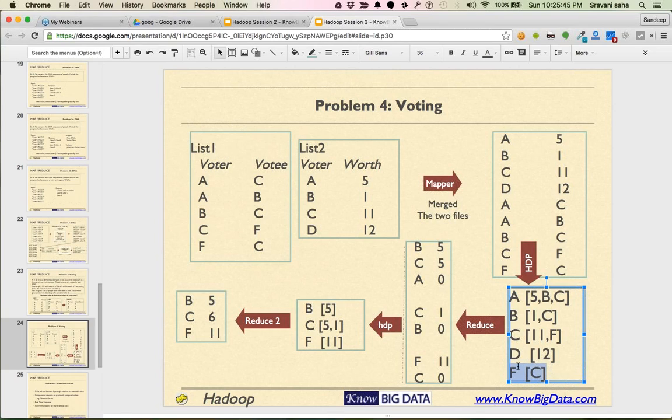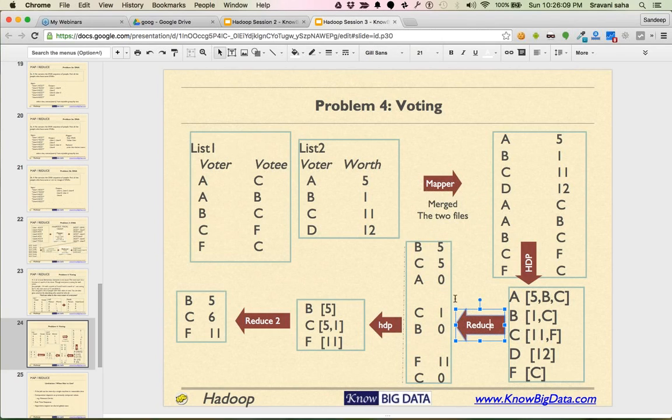F has voted for C, but F does not have a worth. Therefore, we are not adding those two here. We could add those too. We could say D equals 0 and F equals 0 and C equals 0, but we can talk about it later. Now this is the output of our first phase of MapReduce.